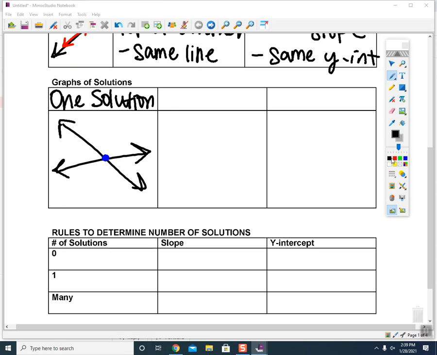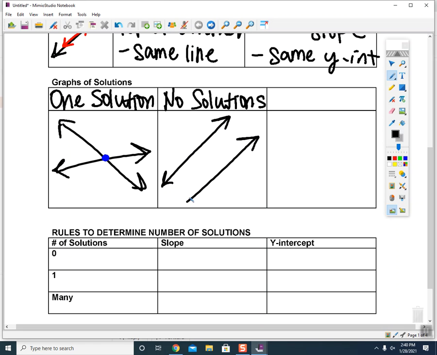I could have no solutions if, when I'm looking at a system of equations, the part that I care about is the part where the lines cross. So if there's no solutions, that means there's no point at which my two lines cross. So this is the case where I would be dealing with parallel lines. There's going to be no solution because they will never cross.